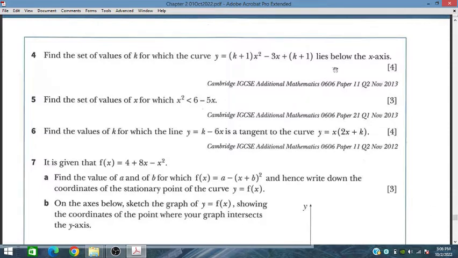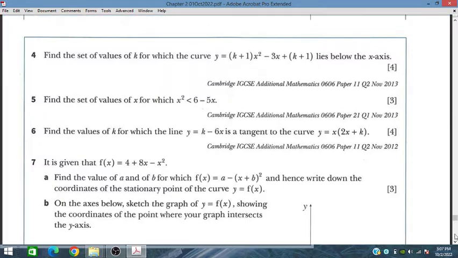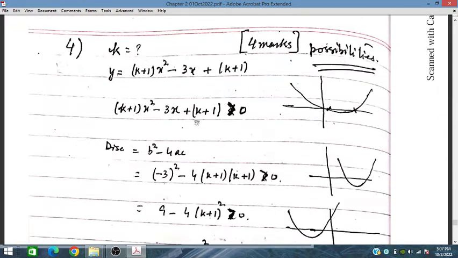We have to place the condition that y is less than 0. Okay, we have this condition.